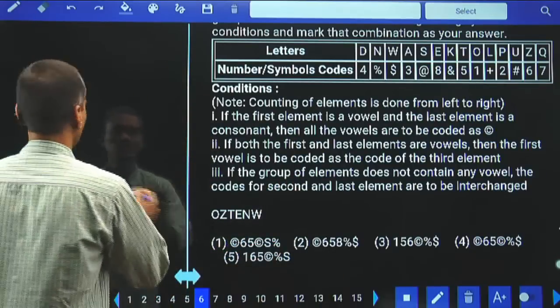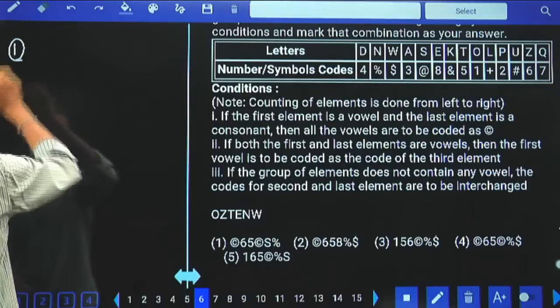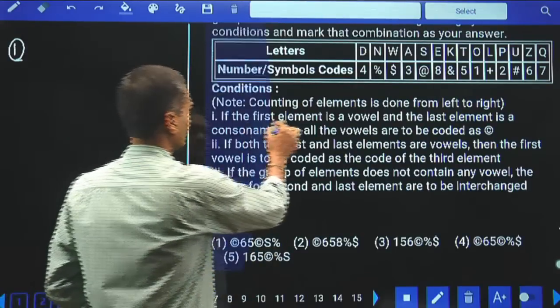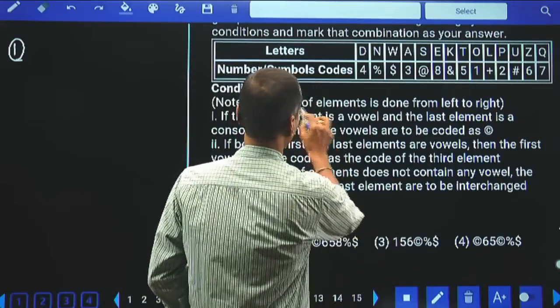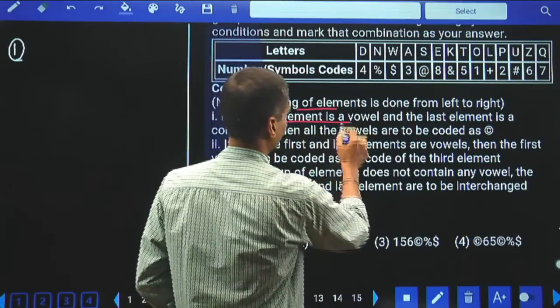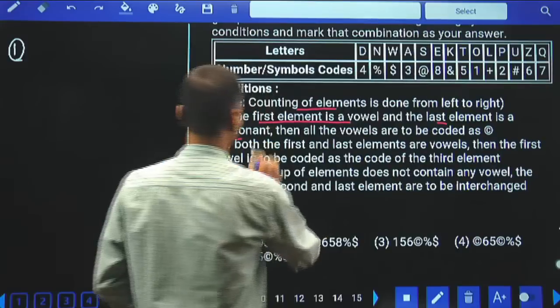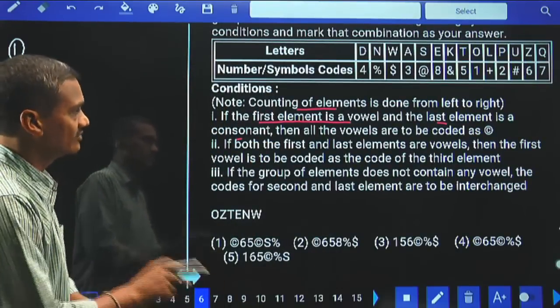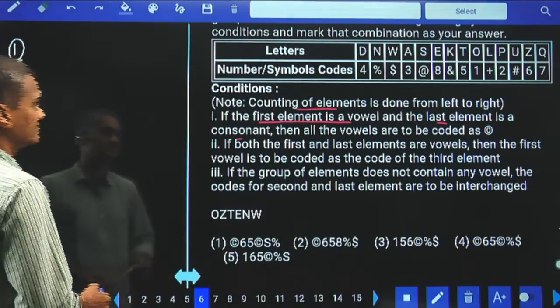Then what about the first rule here? Now the first rule is that the first element is a vowel and the last element is a consonant. First is vowel, last is consonant. Then all the vowels are to be coded as copyright, isn't it?